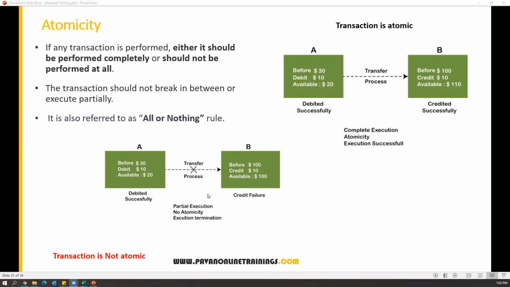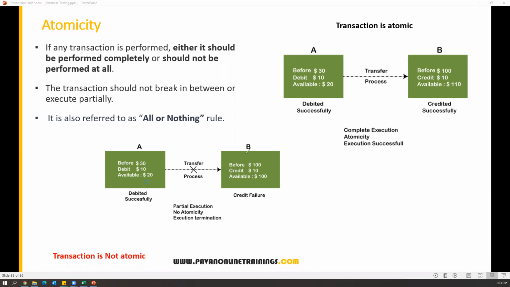Now, if I look at these examples, here I have A and B. There are 2 accounts. A contains $30 before, and B contains $100 as the initial amount. Now A is trying to send $10 to B, and $10 is debited from the A account. Now A contains only $20.